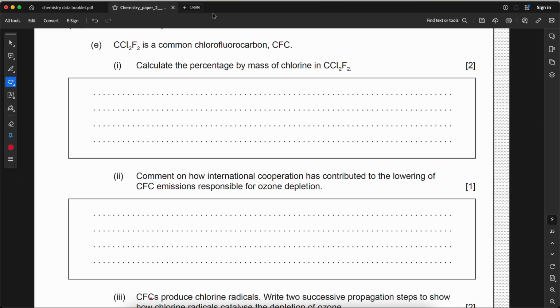CCl2F2 is a common chlorofluorocarbon, CFC. Calculate the percentage by mass of chlorine in CCl2F2. So we've got 2 Cl.